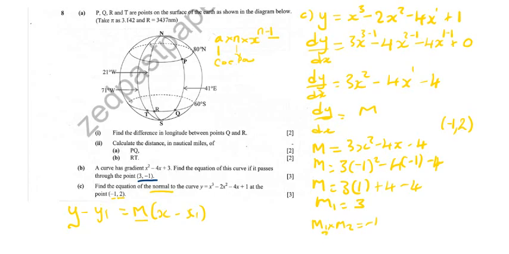So 3 multiplied by m2 is equal to negative 1, and then you say over 3. You cancel, and m2 is equal to negative 1 over 3. I hope we've understood this point.